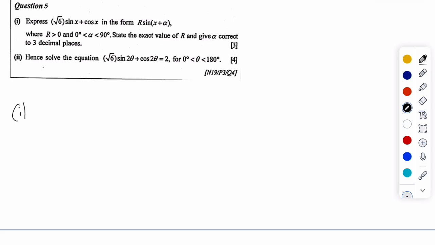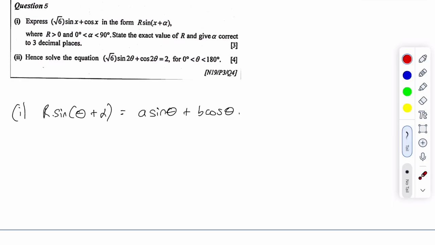We know that sine theta plus alpha is equal to a sine theta plus b cos theta, by virtue of our compound angle formula. Okay, our a's and b's are going to be constants.